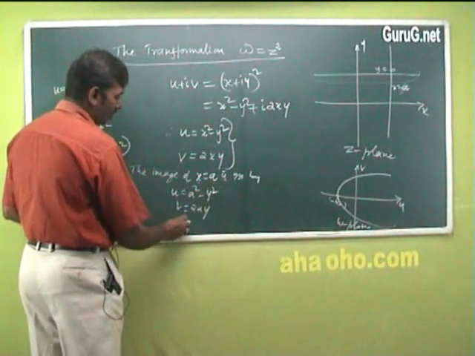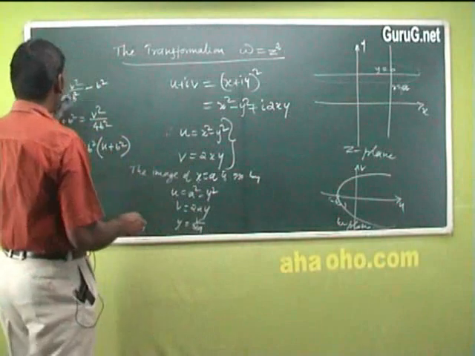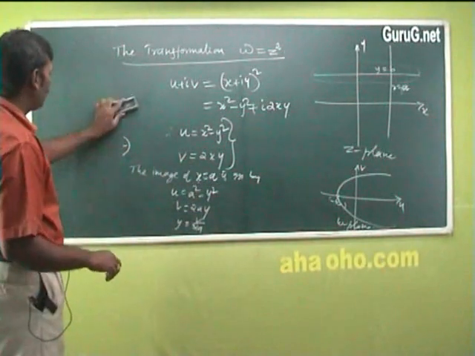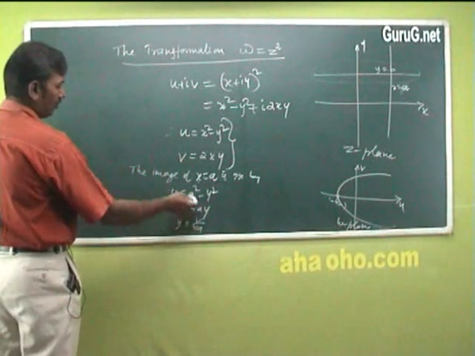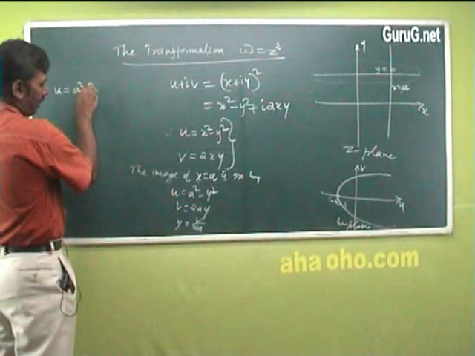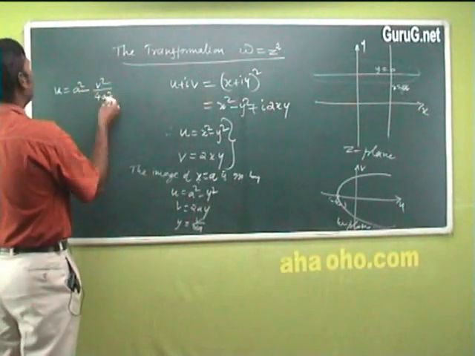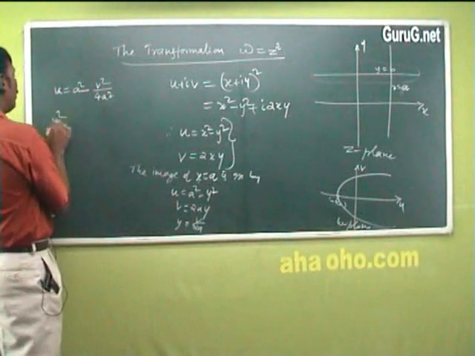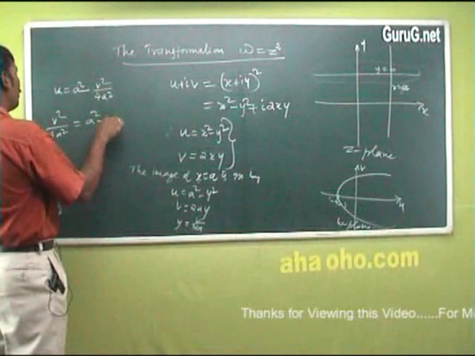What is y? v by 2a. You substitute in this, I get u equal a squared minus v squared by 4a squared. So v squared by 4a squared equal to a squared minus u.